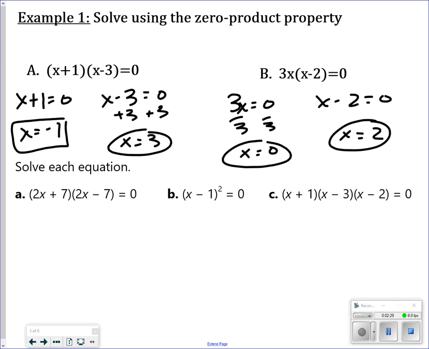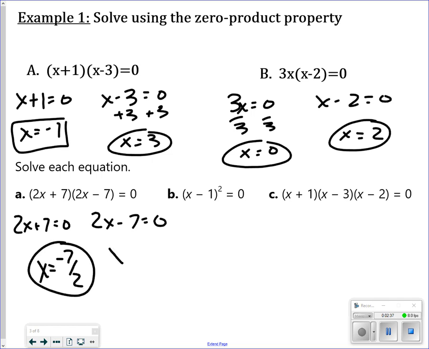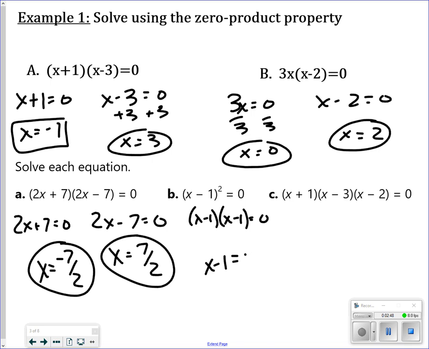Notice we have two factors in the next one. 2x plus 7 is a factor, and 2x minus 7 is a factor. Subtract 7 and divide by 2. Add 7 and divide by 2. Now, this one, anytime you have a binomial being squared, write it twice. You don't necessarily have to solve both factors because you get the same answer for each factor.